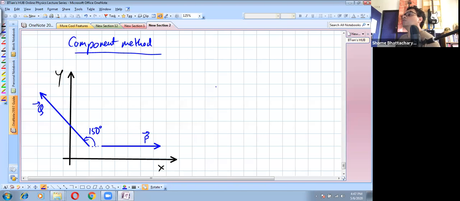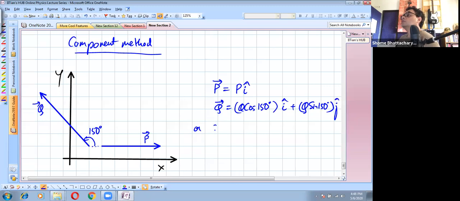So now if I write vectors in component form, the P is simply its magnitude along the x-axis. But Q is basically what? Q is Q cos 150 I cap plus Q sin 150 J cap.